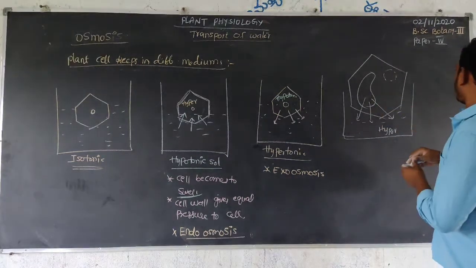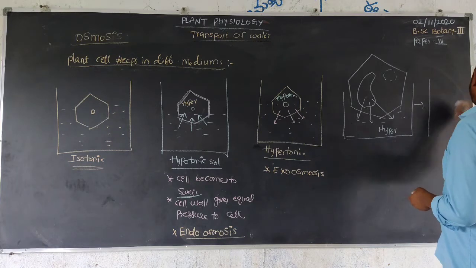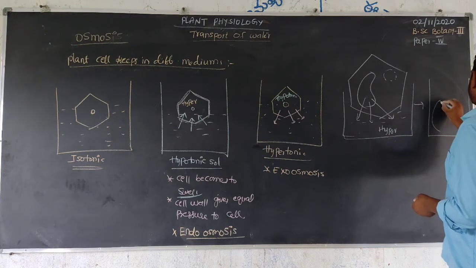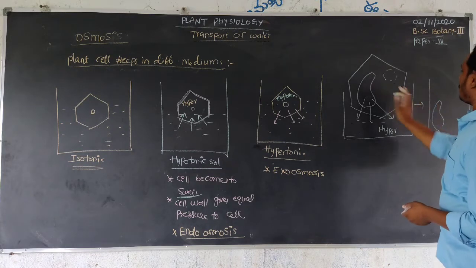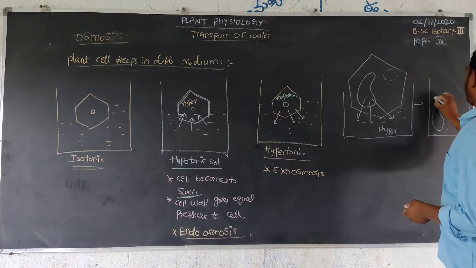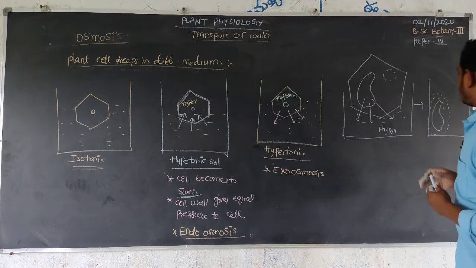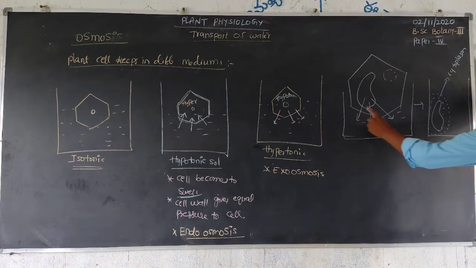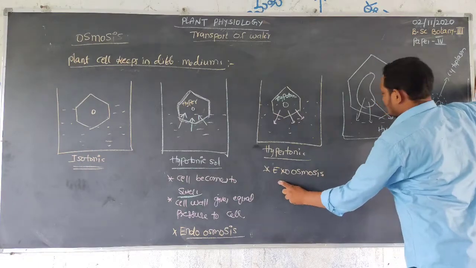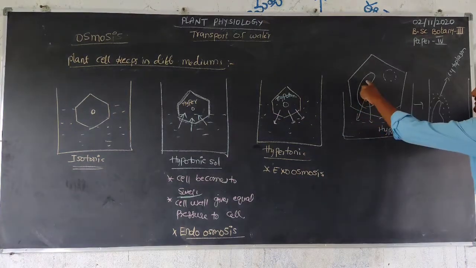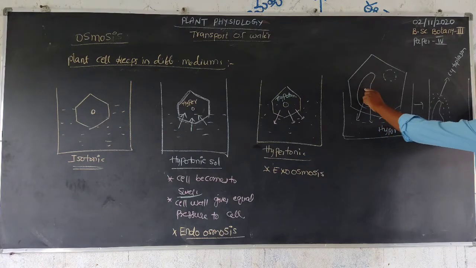That's why the vacuole becomes very small, and the remaining protoplasmic content moves to one corner. This is the cytoplasm. When, due to exoosmosis, water moves from the vacuole to the medium, the water in the vacuole is reduced.